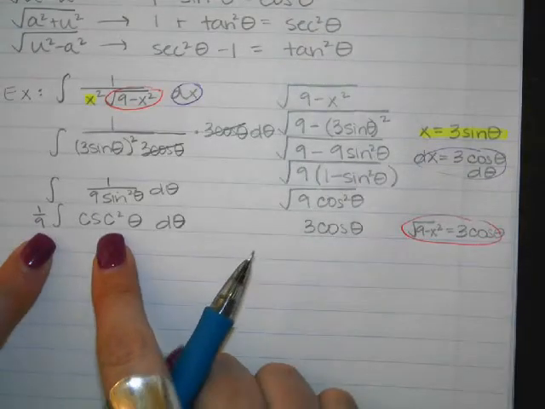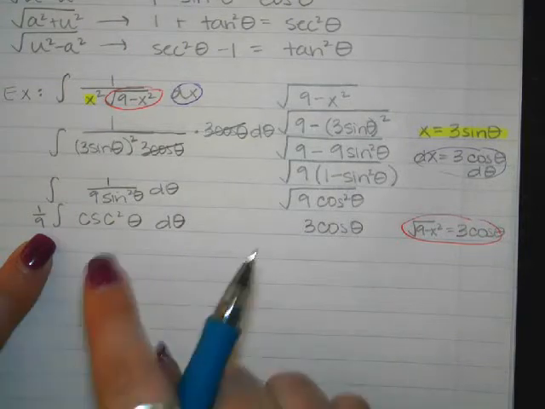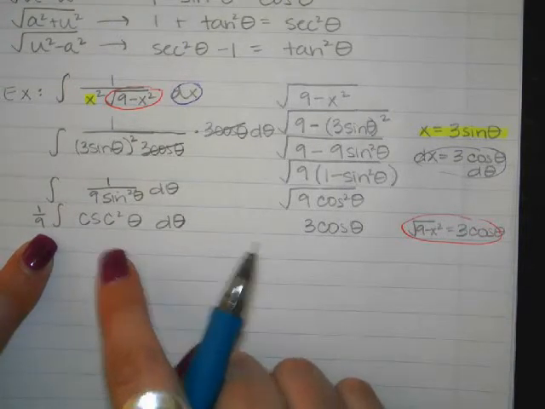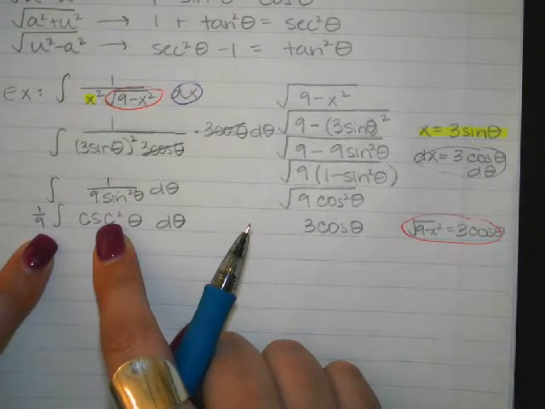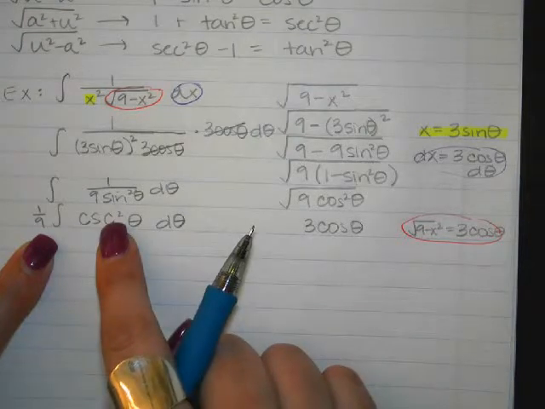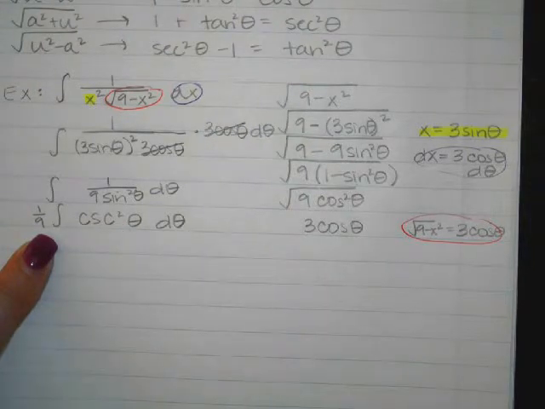This is where I have to remember my trig derivatives. One of the trig functions, if you take the derivative of it, it goes to cosecant squared. Anyone know what it is? Anyone have their yellow sheet handy?